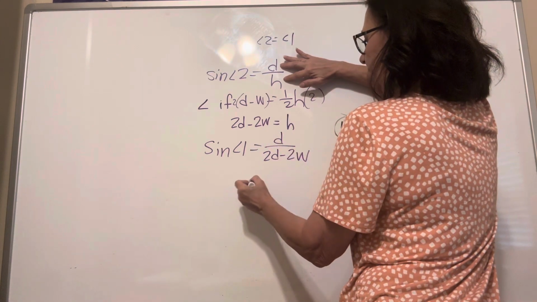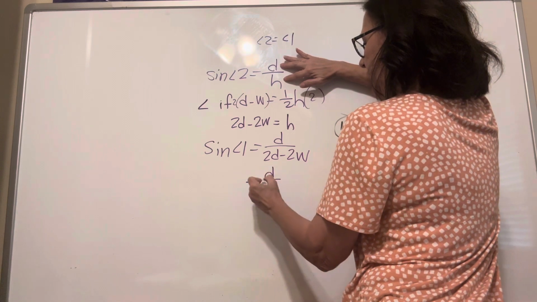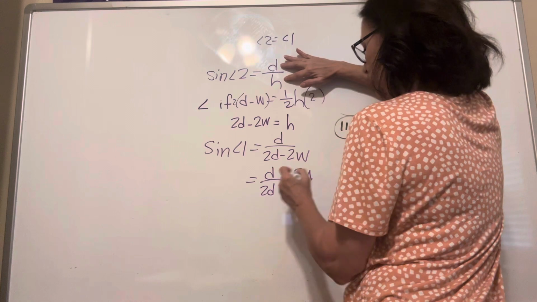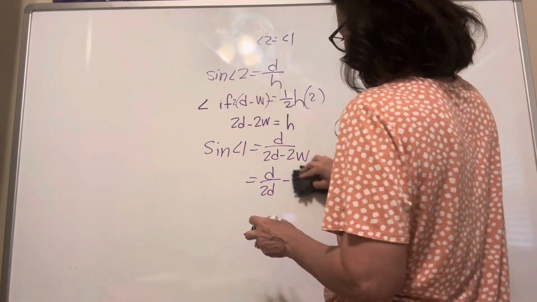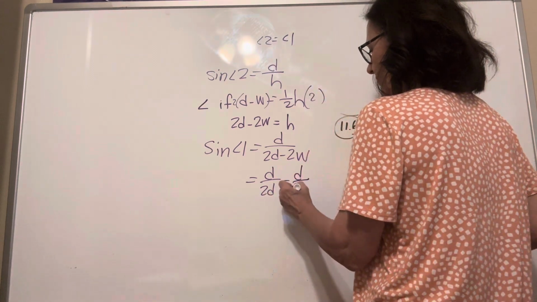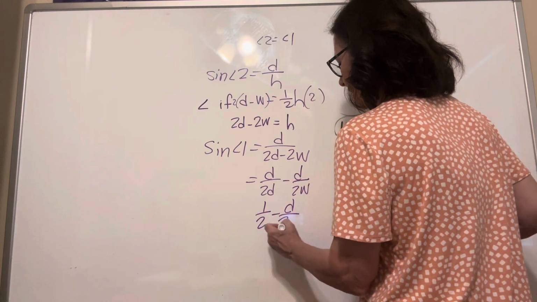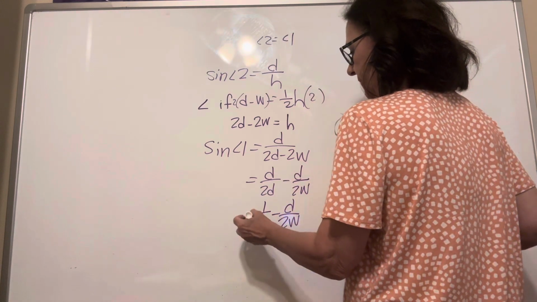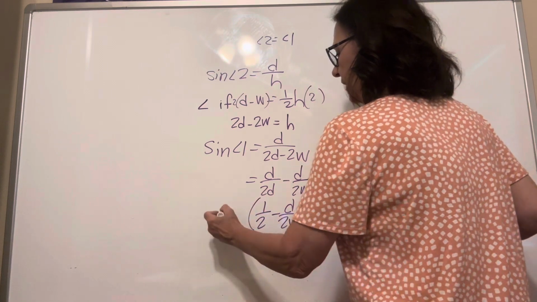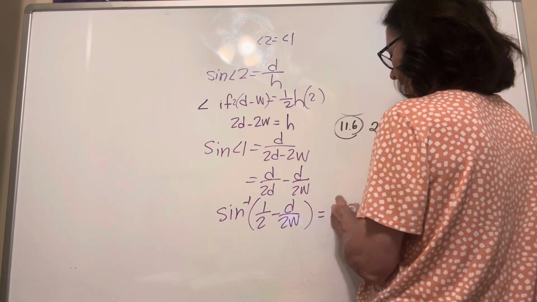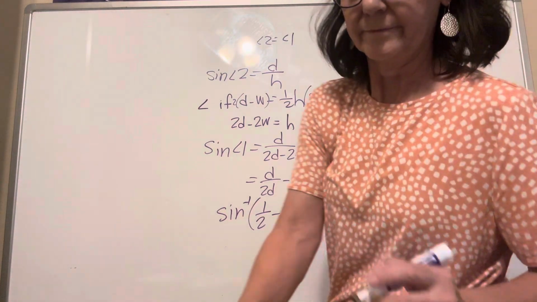You could break that down to D over 2D minus 2W, that's 1/2 minus D over 2W. And you could do the inverse sine, which you obviously can't put in your calculator, is equal to angle 1.